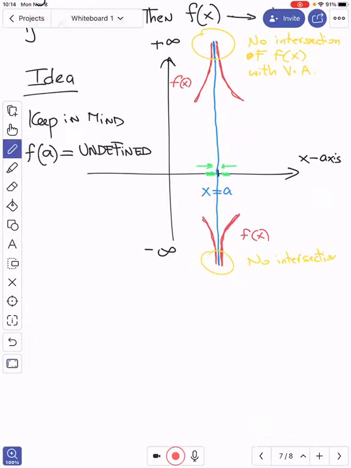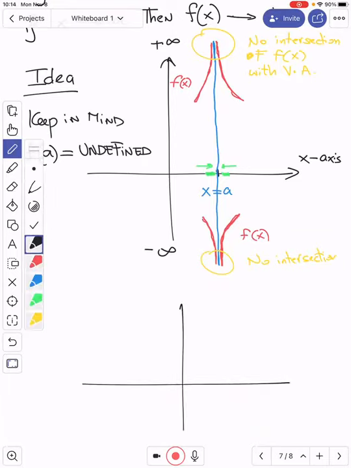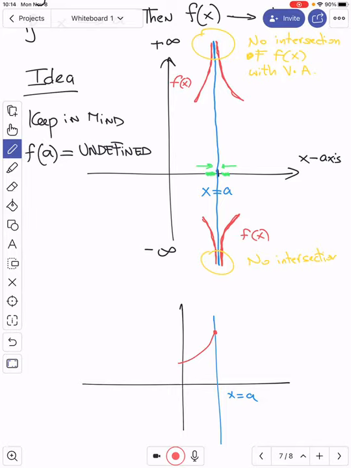That's because if you intersect the vertical asymptote, so let's say here's, again, this is your vertical asymptote. This is x equal to a, right? So if your graph touches the vertical asymptote, then f of a is going to be well defined, right?